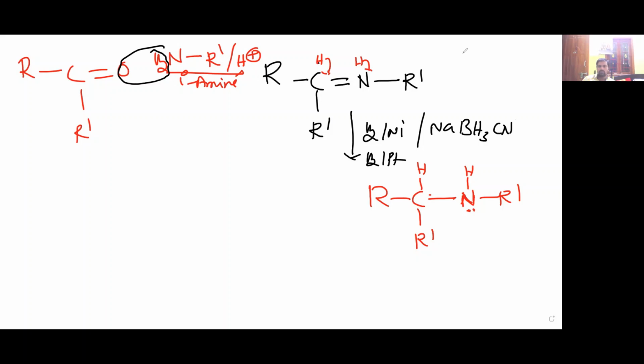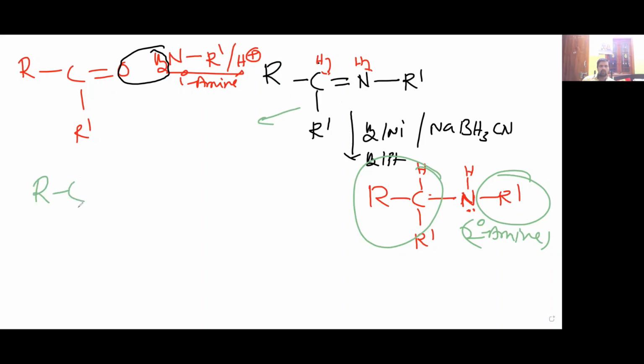One alkyl group and another alkyl group, so it is called secondary amine preparation. Once again, for this, the imine R, C, R dash double bond N, R dash is not treated with any metal and acid.